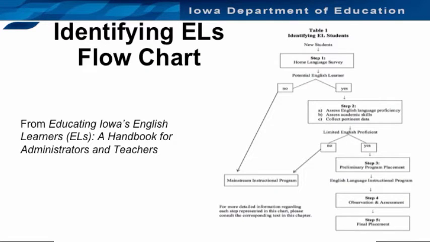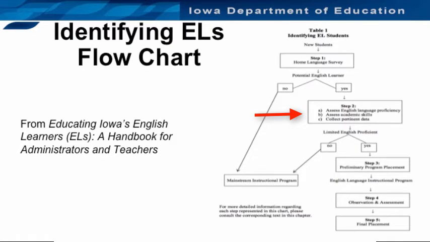This graphic identifies a decision-making tree outlining the 5-step process. When new students enroll, step 1 is to give them the home language survey. Are they a potential English learner? Based on the survey results, if no, the student is placed into the mainstream instructional program. If yes, if parents answer any of the questions that flag them as a potential English learner, you move to step 2.